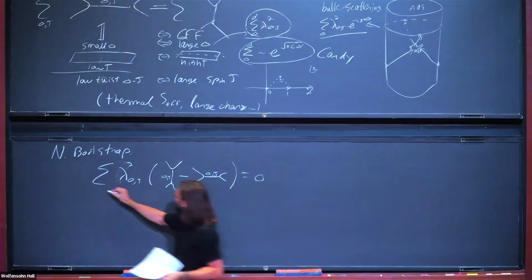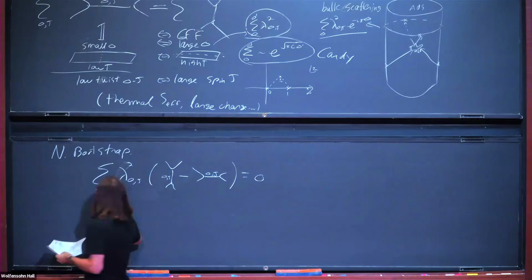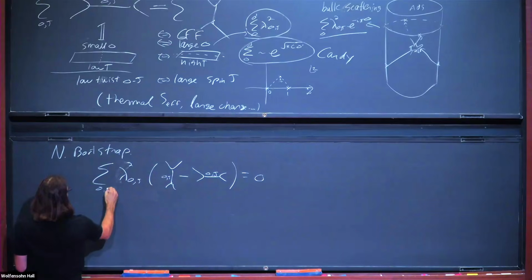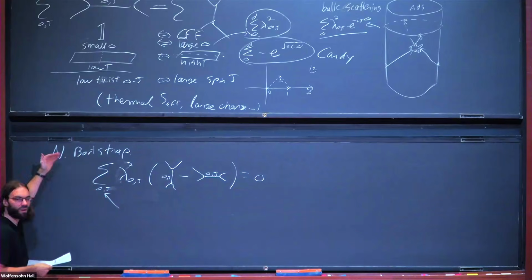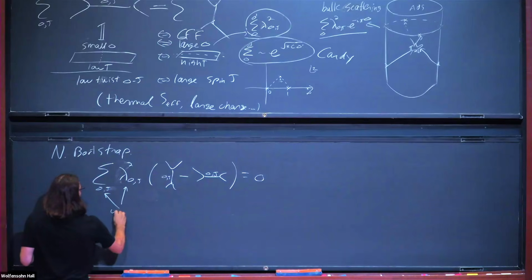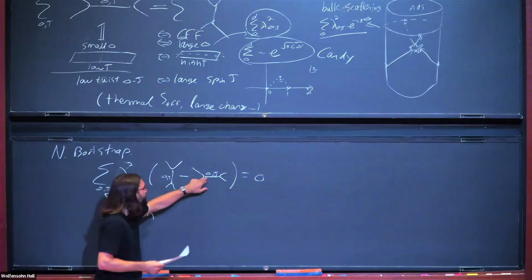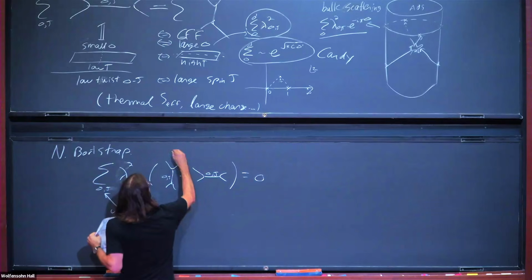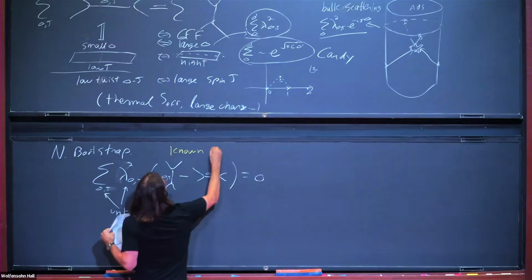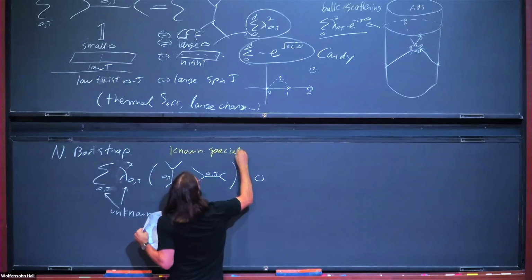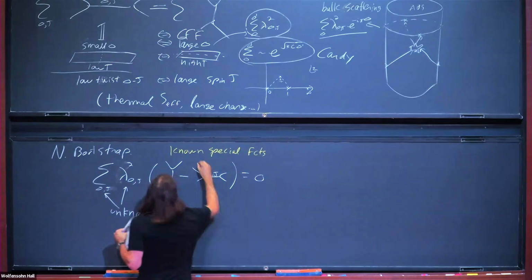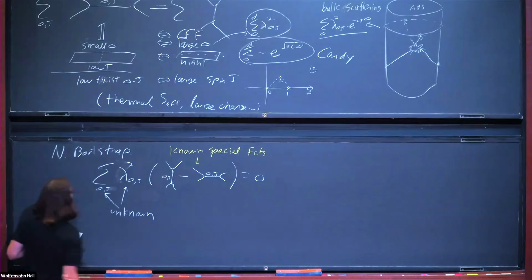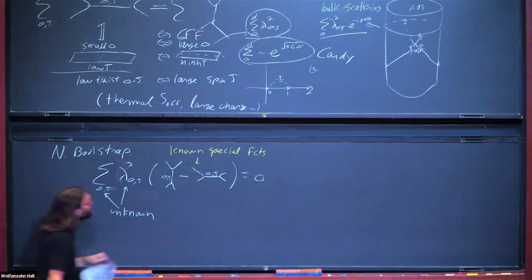There are infinitely many unknowns, right? These scaling dimensions depend on the spectrum of the theory. We don't know what they are. These couplings, we don't know what they are. These things in the parentheses are known special functions, so that is at least something we know, these conformal blocks. And so we have infinitely many unknowns.